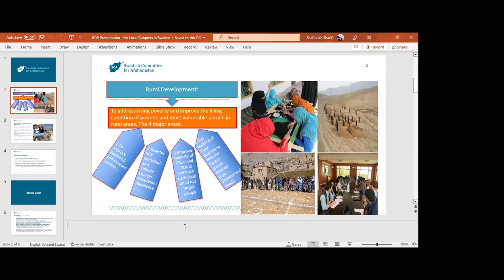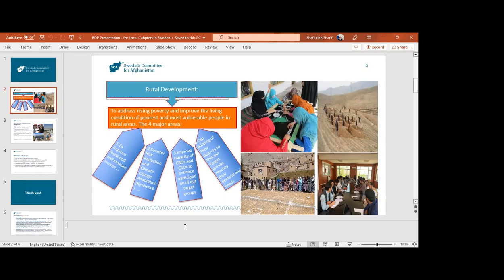This is an entry point, and then we work with them to build their capacity with some vocational training. These saving groups are for men and women, where the percentage of women is more than men. It means we have 56% of saving groups for women out of the total.